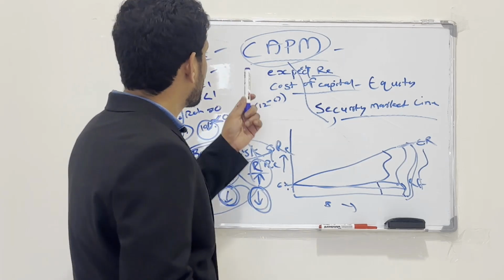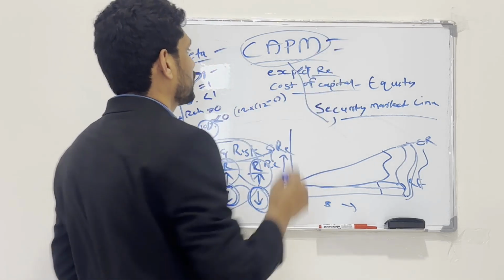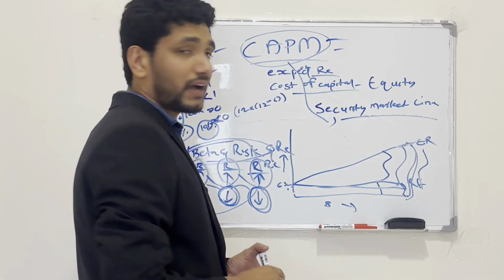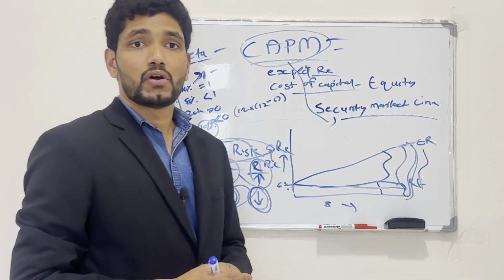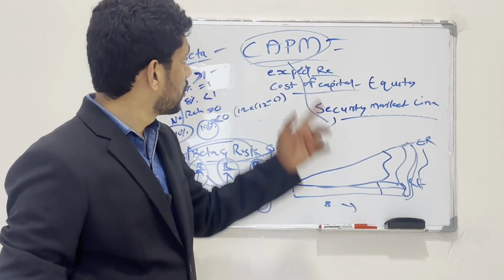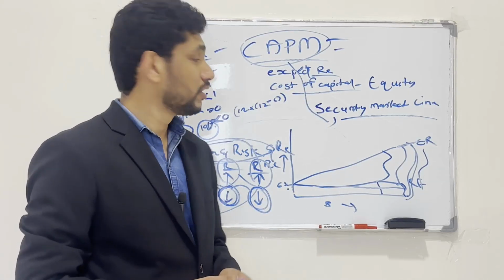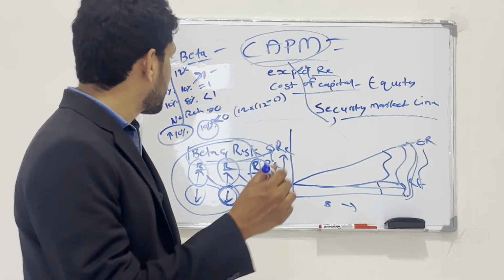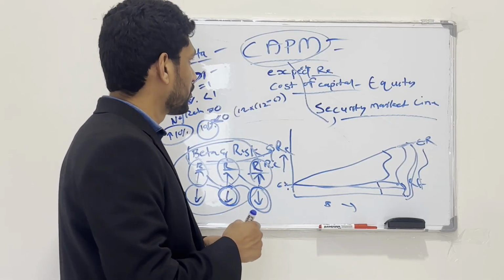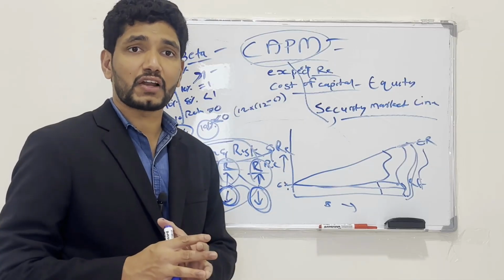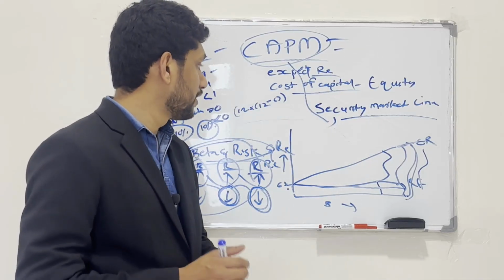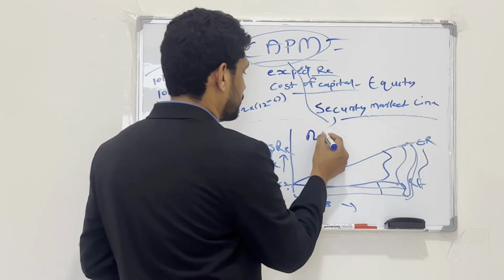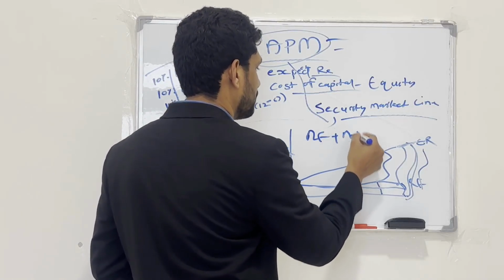So what we discussed today is the capital asset pricing model. The capital asset pricing model is a method to calculate the expected return or the cost of capital of an investment. We discussed the formula to calculate the expected return: the risk-free rate plus the market risk premium.